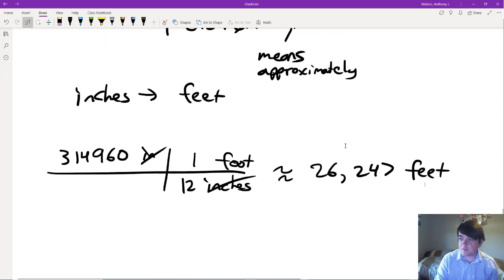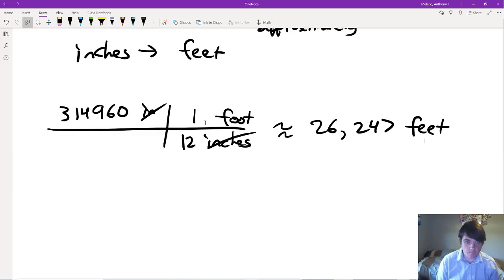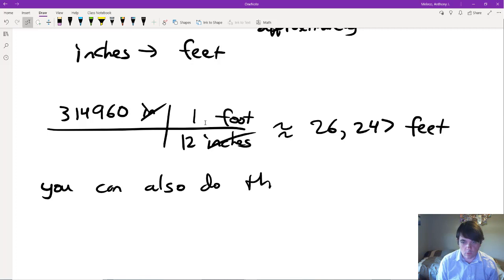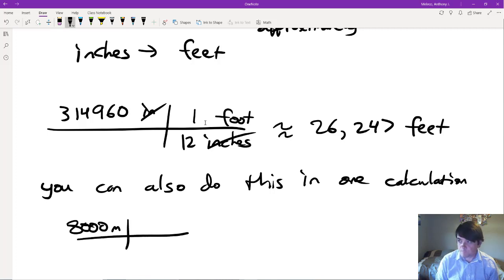You can do this also in one calculation. So I write 8,000, then in 1 meter there are 100 centimeters.